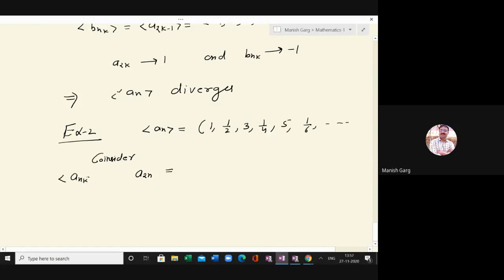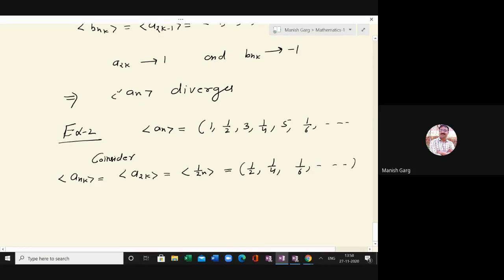I am writing for your simplicity: this is a_{2k}, which will be 1/2, 1/4, 1/6.